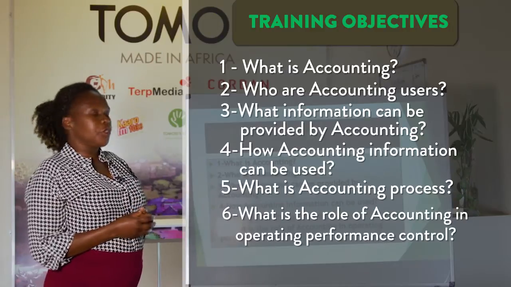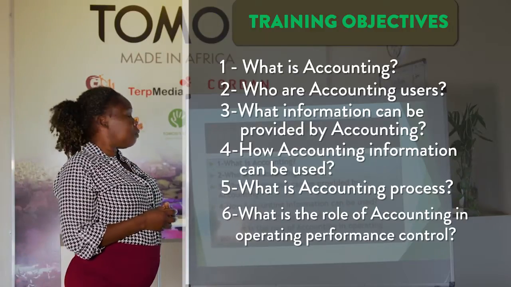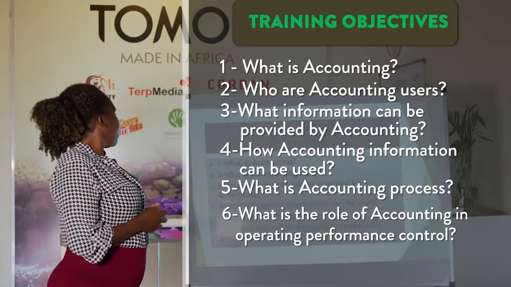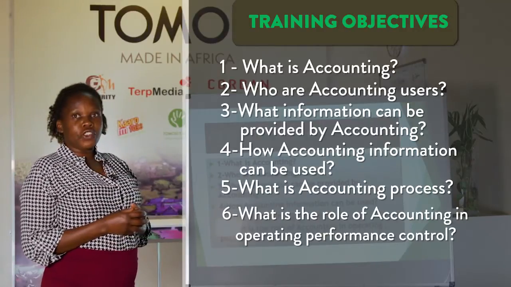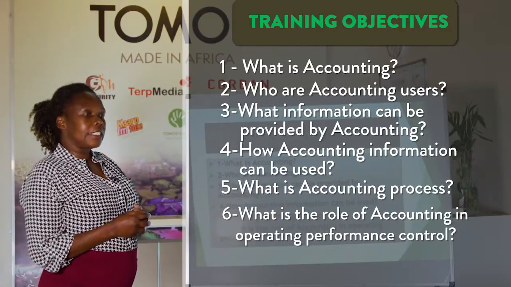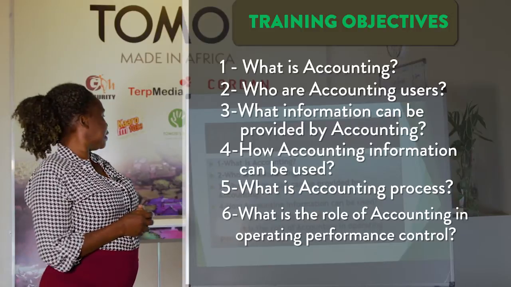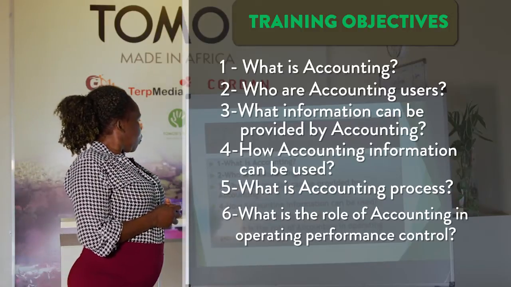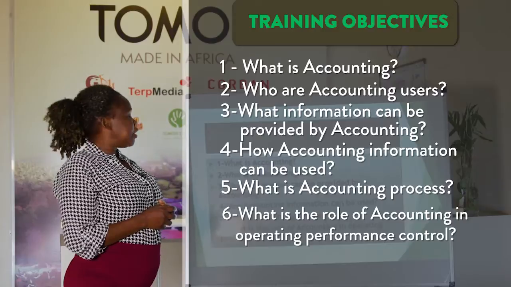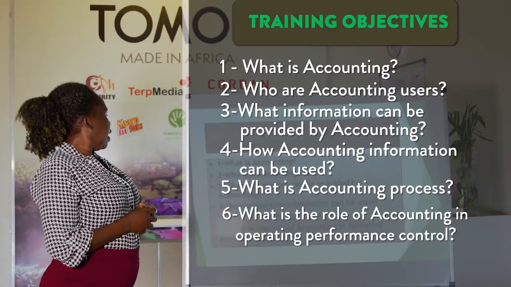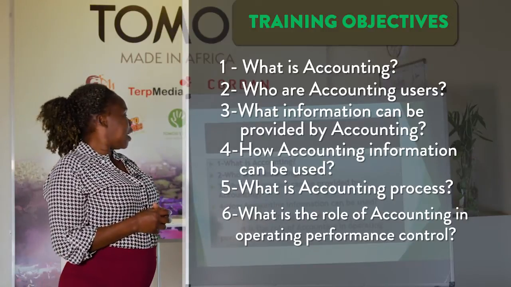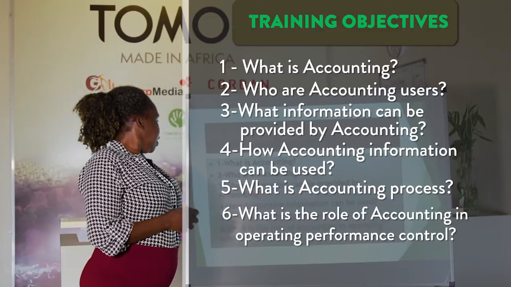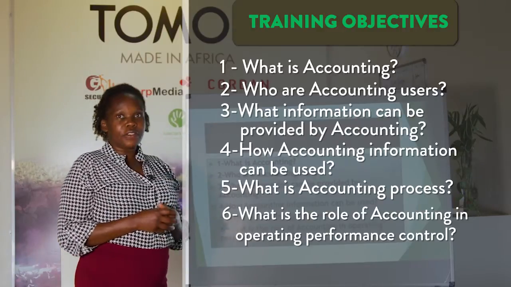What information can be provided by accounting? How can accounting information be used by the accountant and other stakeholders? What is the accounting process? And what is the role of accounting in operating performance control?